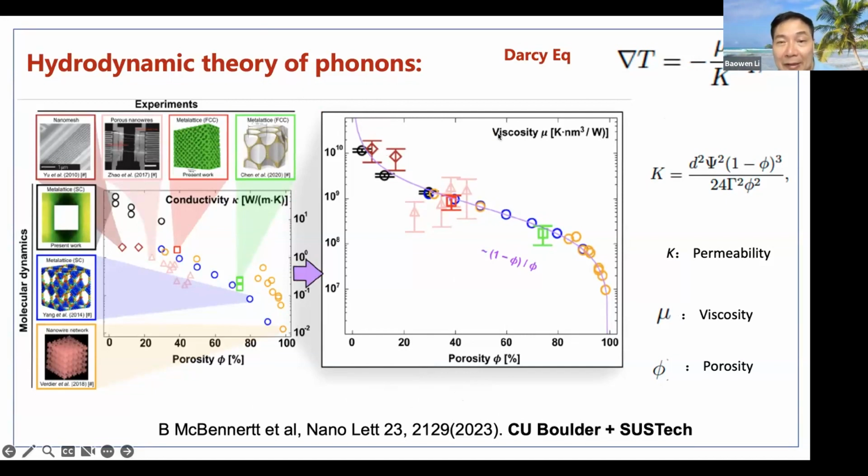We define a viscosity for the phonon gas, and we calculate it versus, for example, the porosity of this 3D material. Here we have 7 groups of data, from numerical to experimental work, over a time span of more than 1 decade. It seems all the data lie on this curve.